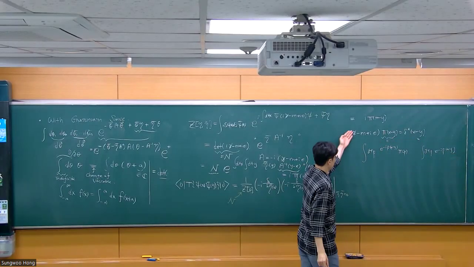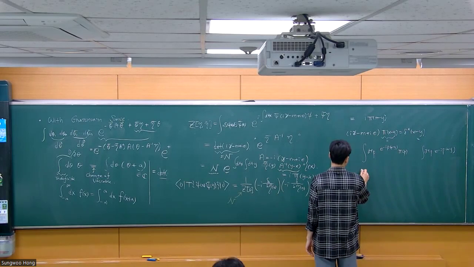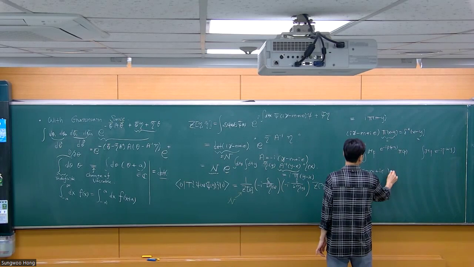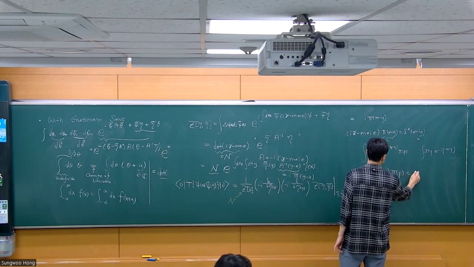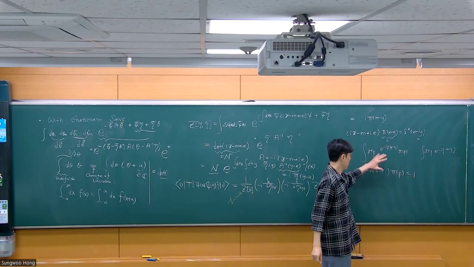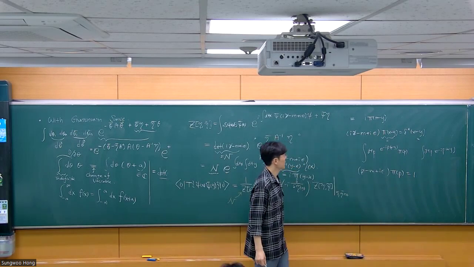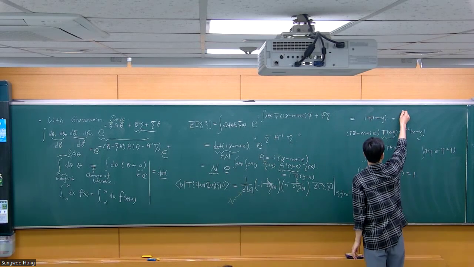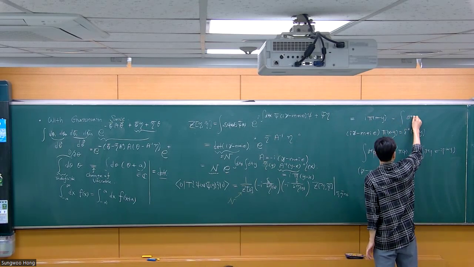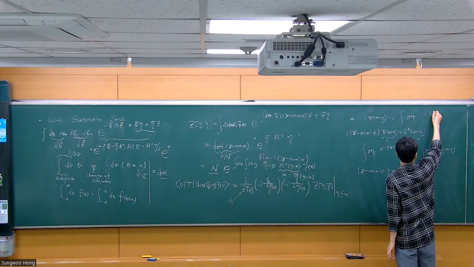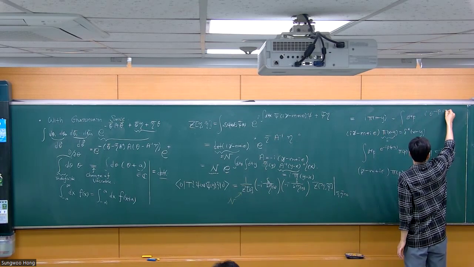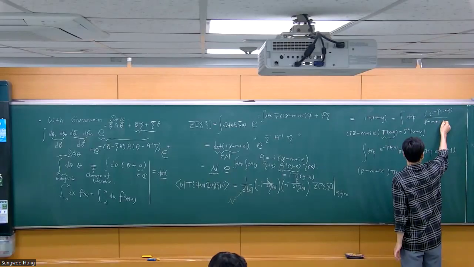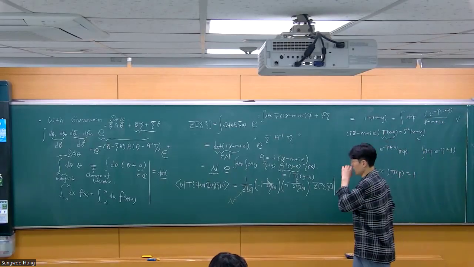So if you plug this in here, you immediately find this equation, the operator minus m acting on pi of p is equal to 1. So therefore, pi of p is the reciprocal of this factor. And then if you plug it back in, this is exactly I times this. It works.